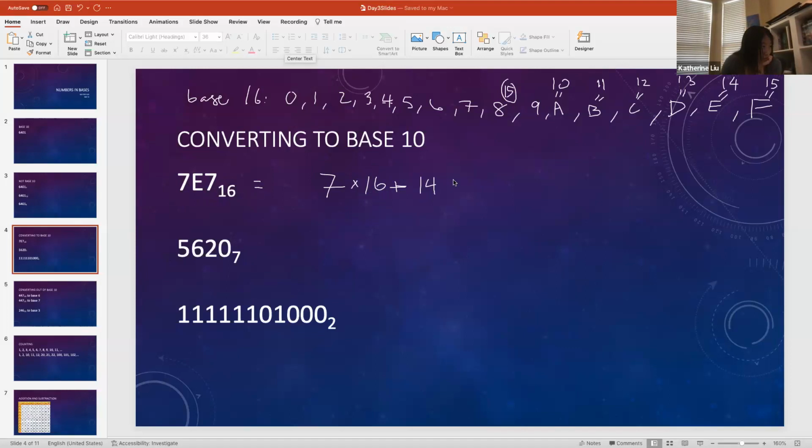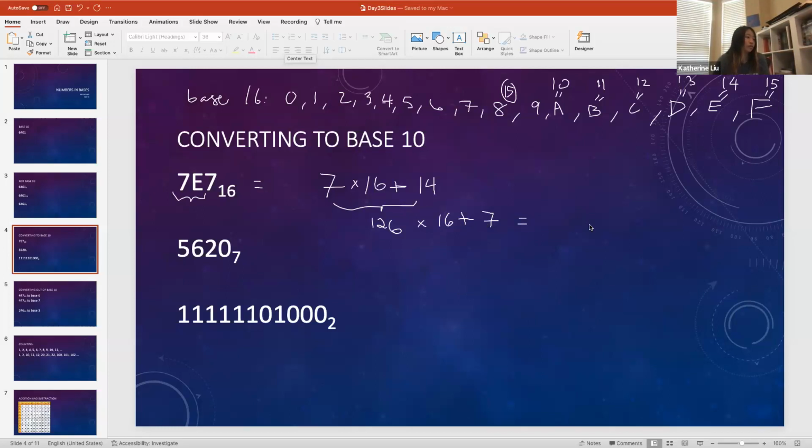That's 126, apparently. Okay. And then now we've addressed the first 2 digits, but we still have another thing to the right of that, which is this other 7. And since it's to the right, again, we're going to multiply by 16 and then add the 7.